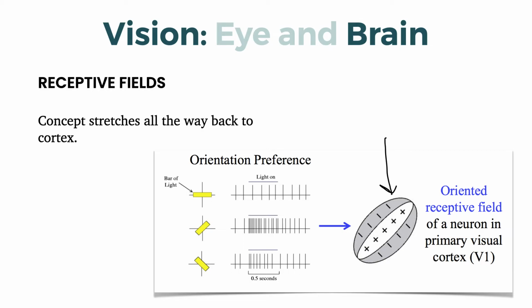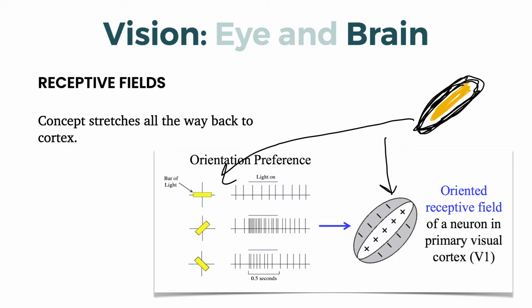Now, what you can see here is that this receptive field likes light in the center, and it does not like light in the surround, okay? So that's what the receptive field looks like. Now, if you take this and compare it to this diagram over here, which one of these bars of light most matches this receptive field? And it's obviously going to be this one.